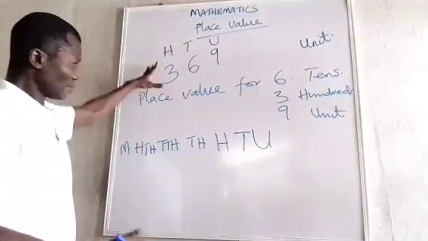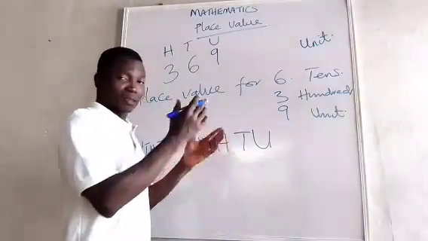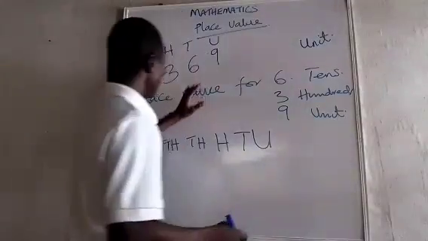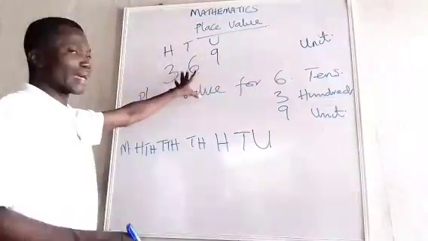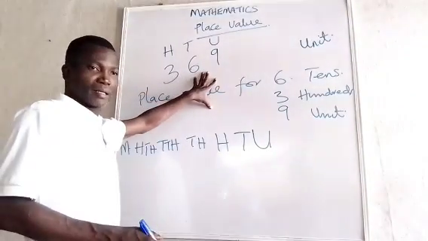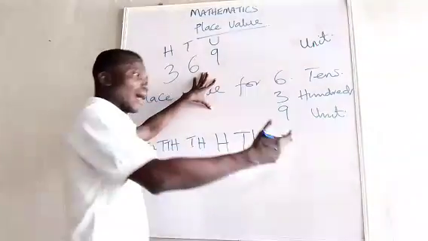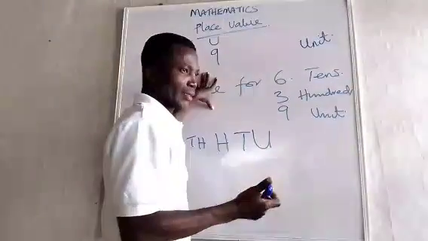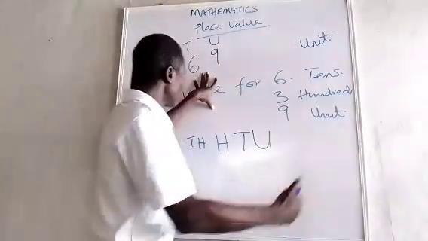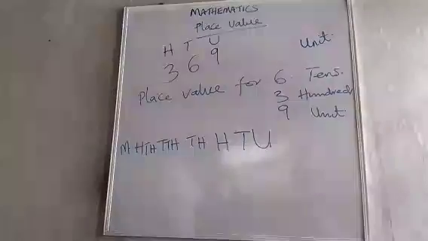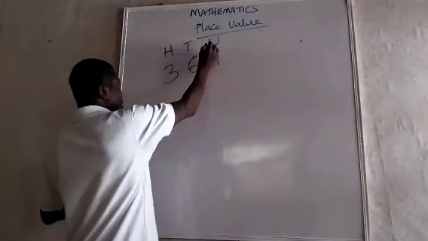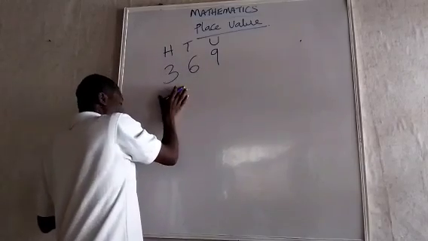It's very easy. When you have 3 numbers, you can easily know the place value of each. Like this one now. Because I know the place value for this, I can pronounce this number in words. I can tell you, and the person I am telling the number can easily get what I am saying. So like this one now, you can see this one is units, this one is tens, this one is hundreds.